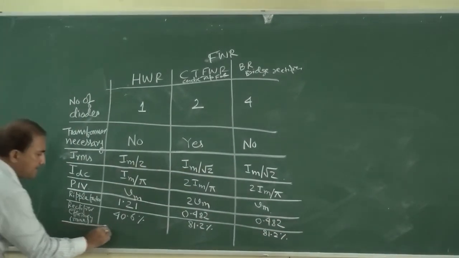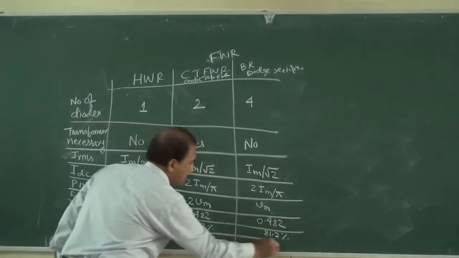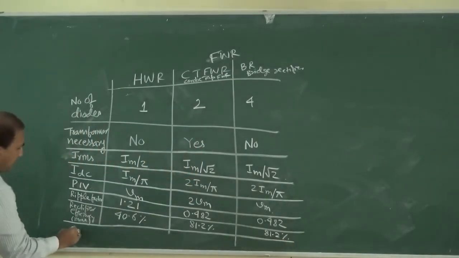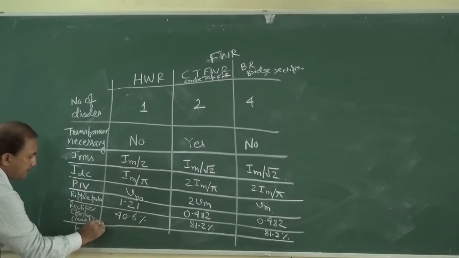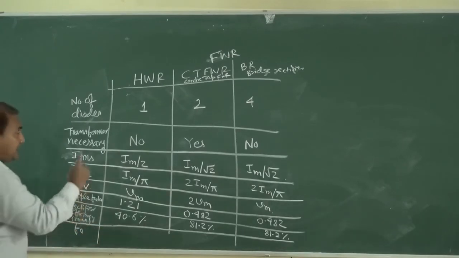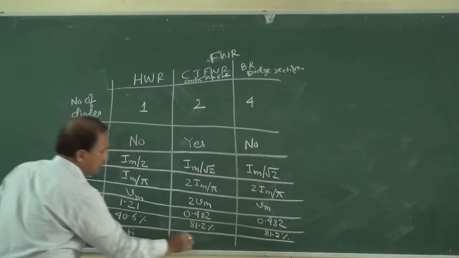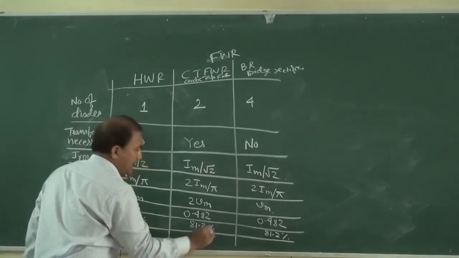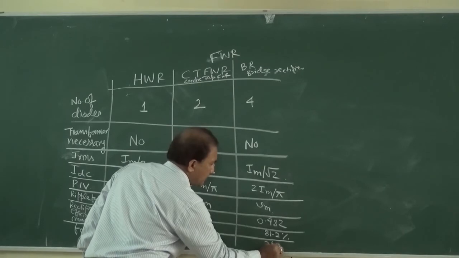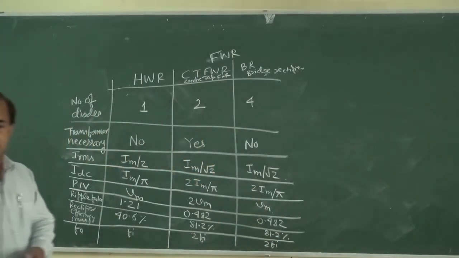Then we will see F out. Here F out is equal to F in. Here it is equal to 2Fin. Again here it is 2Fin.